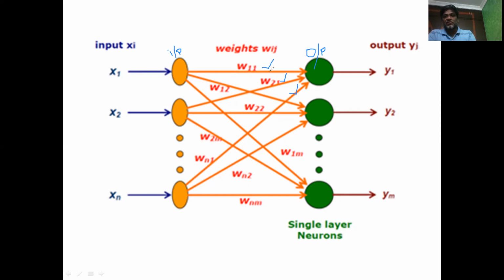So this is the sum of the products xi into wi. The output of this neuron is calculated as x1 into w11 plus x2 into w21 plus so on, xn into wn1. Like that we calculate the net output of this neuron, and then the actual output produced by this neuron is obtained by sending this sum to the selected activation function.